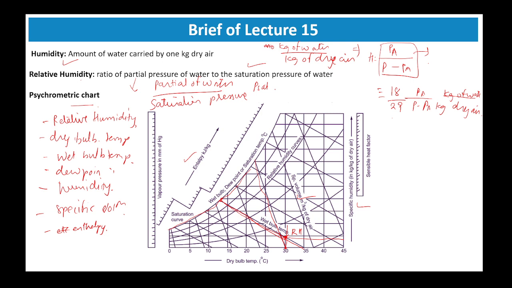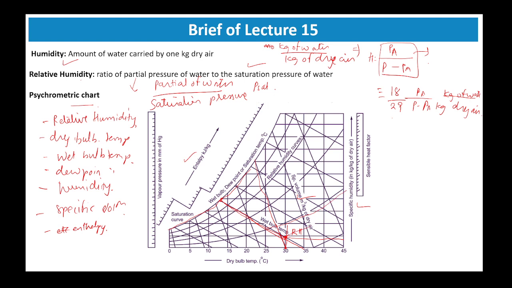If you want to find the wet bulb temperature also, then you can find it. Likewise, you can also find specific volume, like the volume per kg of dry air. All these lines are specific volume lines.